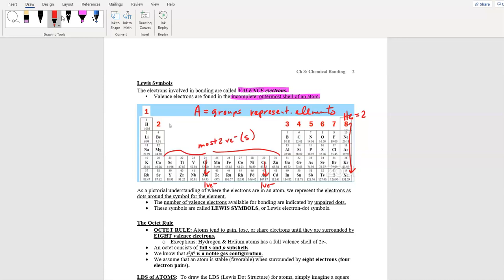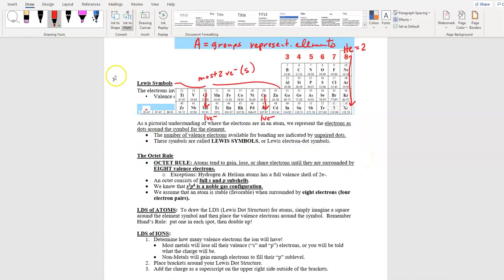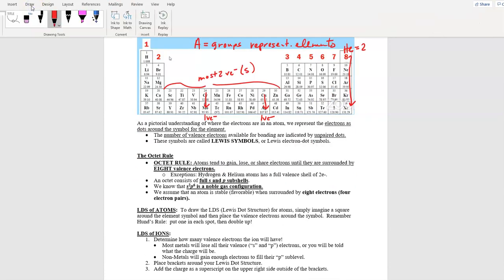So what we do is we represent Lewis structures. We represent electrons by this thing called dots, called Lewis symbols, after a scientist named Mr. Lewis. Okay, you'll hear his name pop up again. As a pictorial understanding of where the electrons are in the atom, we represent electrons with dots.